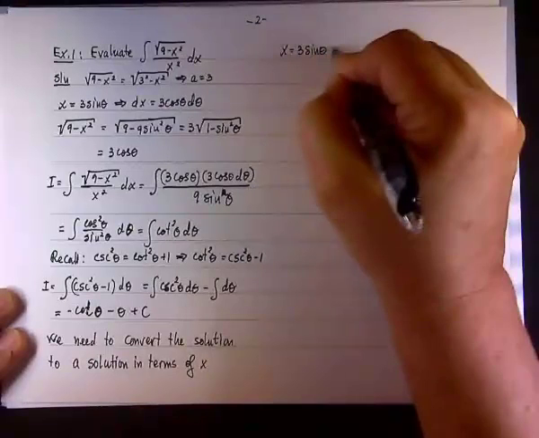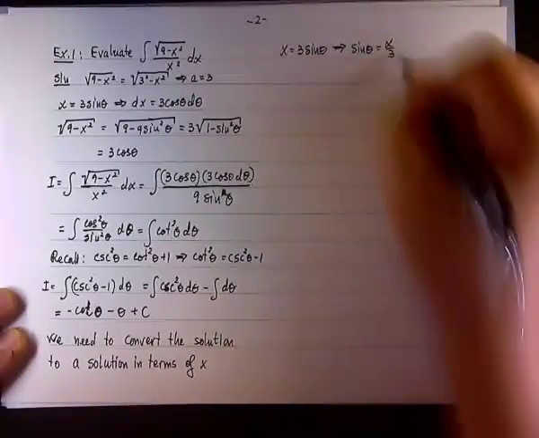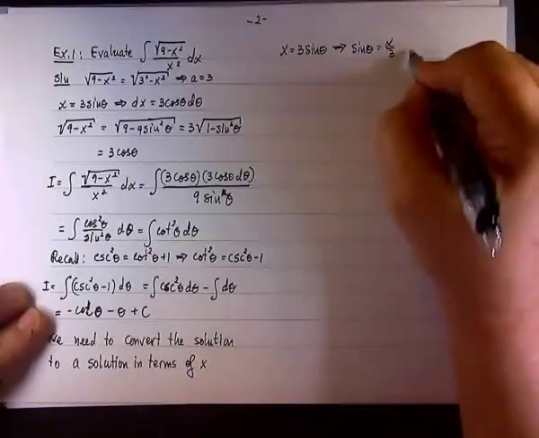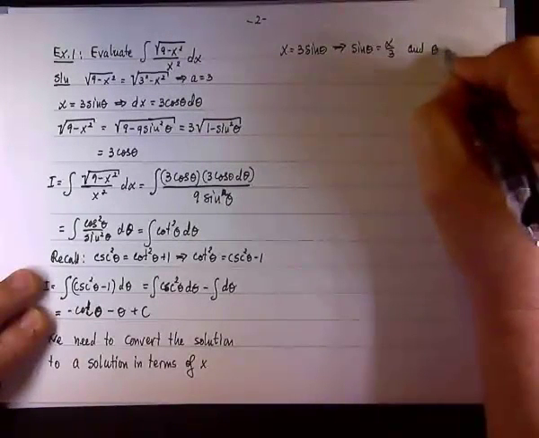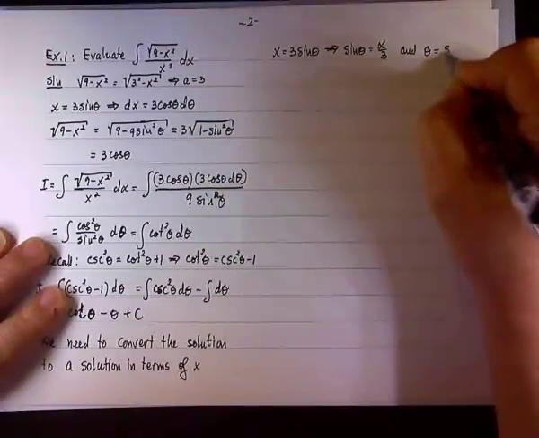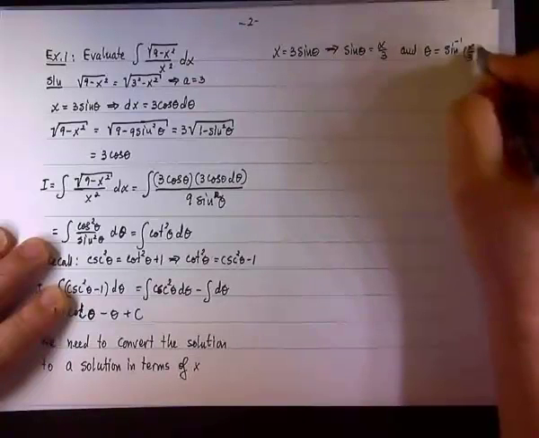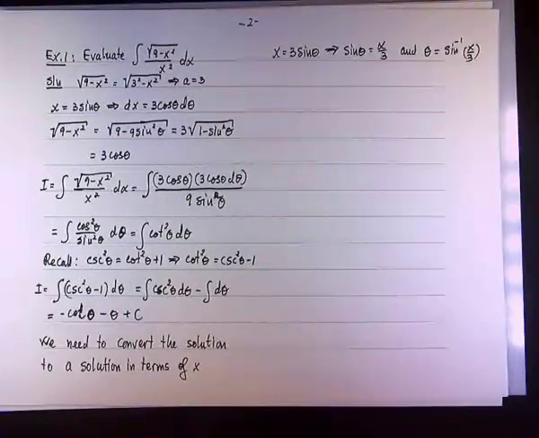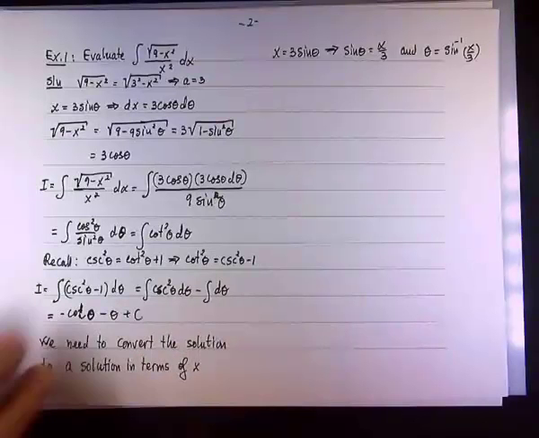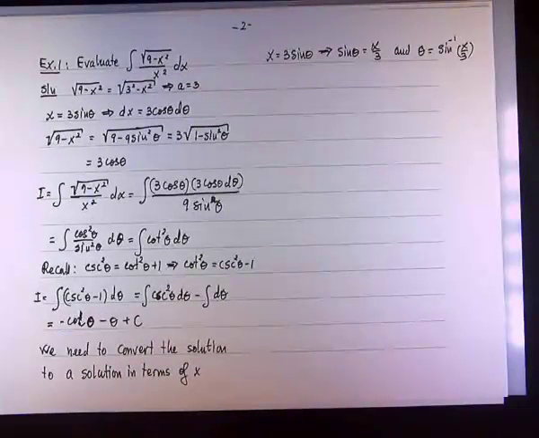Okay, so let's go back and say if x equals 3 sine theta, then sine theta equals x over 3, right? And theta itself is the inverse sine. I'll write it as sine to the negative 1 of x over 3, like so. We got the solution for theta.